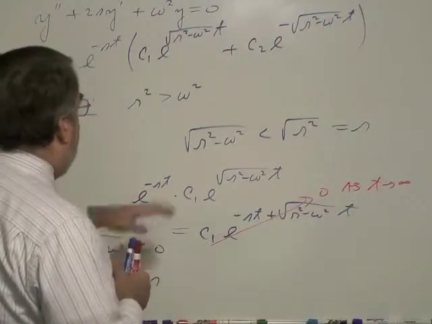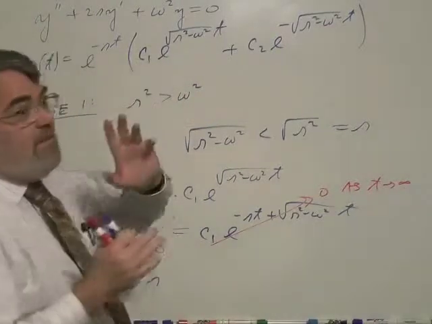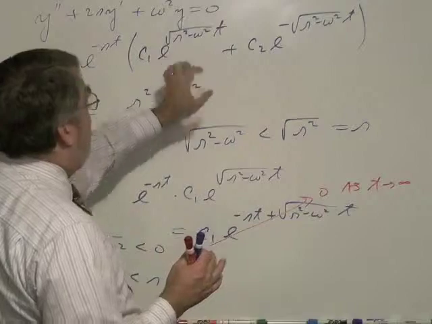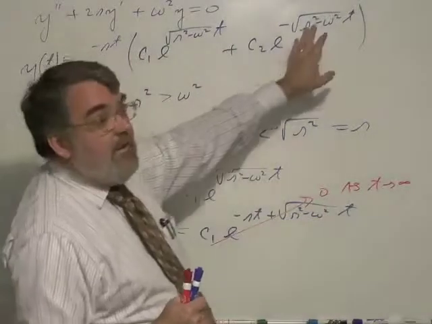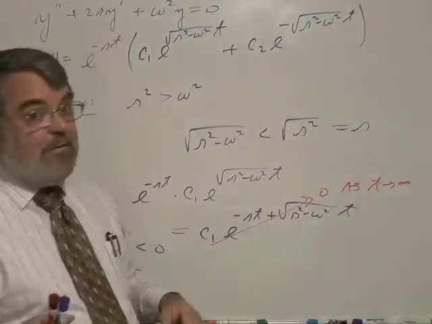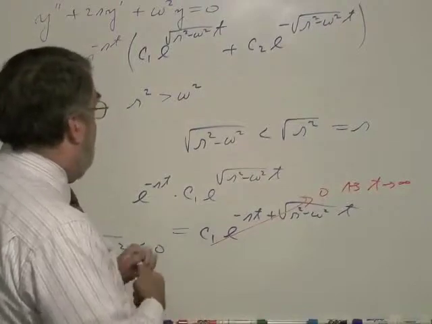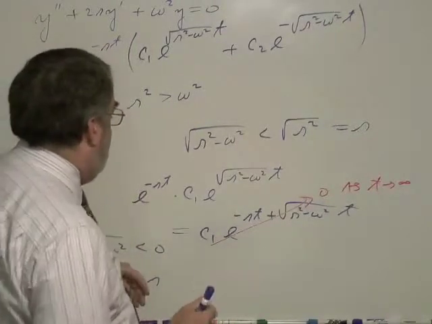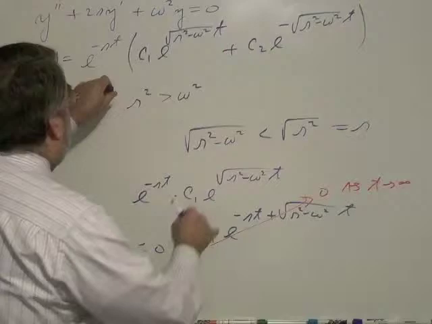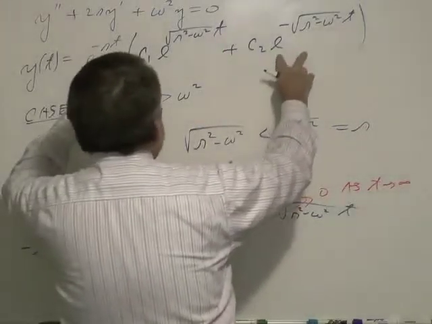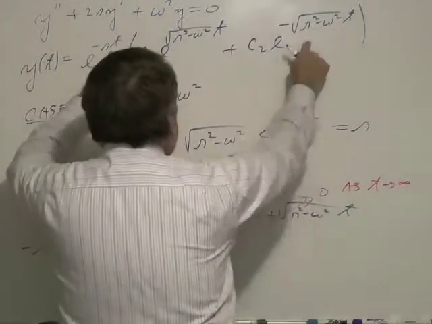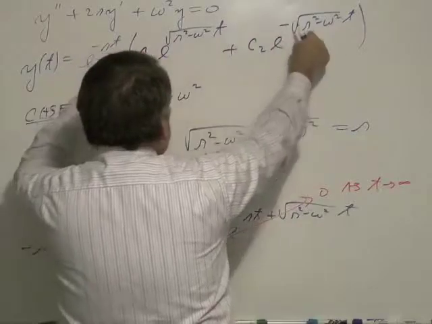So as t goes to infinity, this term vanishes. Is that the same over here? Well, even more so, because if you went back and again re-multiplied these together and re-added these, you'd have minus rt and then minus the square root.